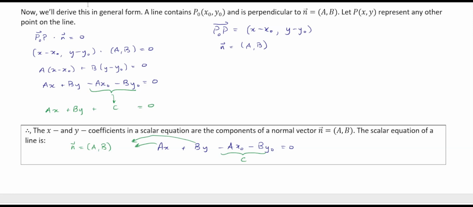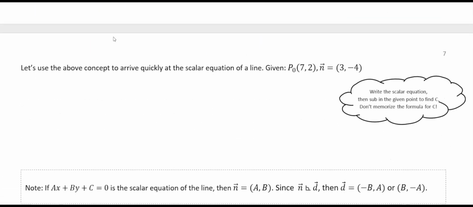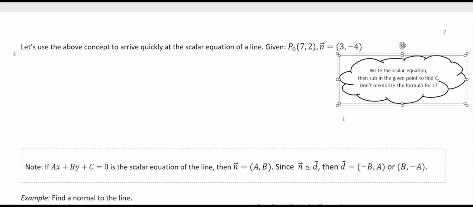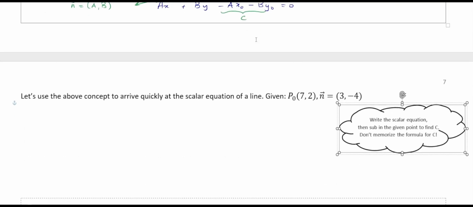We're moving on. Let's use the above concept to arrive quickly at the scalar equation of a line. So this is a point on the line, and this is the normal vector right here. So what we'll do is write the scalar equation and then sub in the point to find c. We're not going to memorize the formula for c.